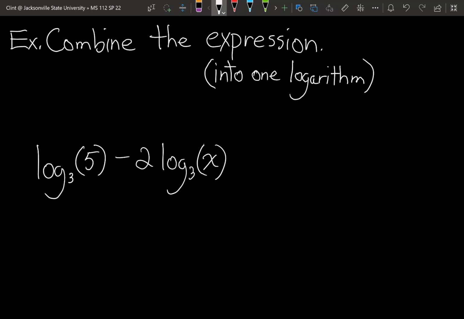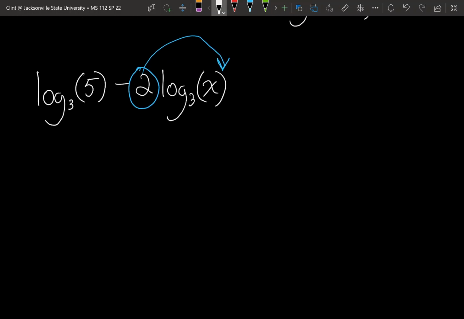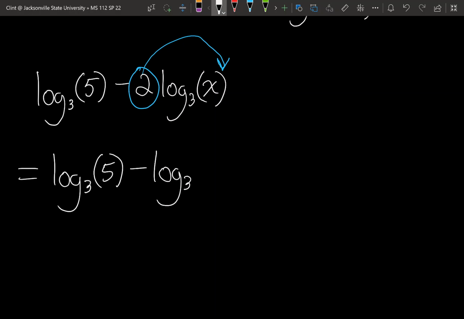So we need to get rid of those first. On the second one, we've got a 2 in front of log base 3 of x. So we can use the reverse of property 3 and take that 2, move it up into the exponent inside our logarithm. So that would leave us with log base 3 of 5 minus log base 3 of x squared.